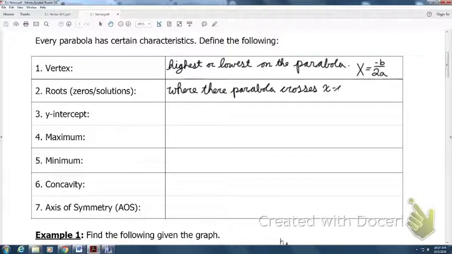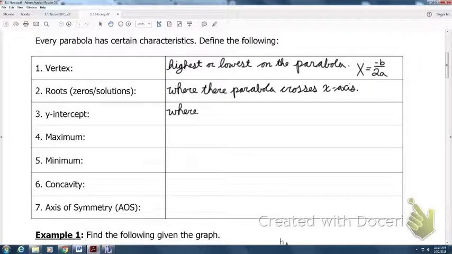In a couple lessons, we're going to talk about how to solve quadratic equations via factoring or quadratic formula. That is what you're actually solving for, is where the parabola is crossing the x-axis.